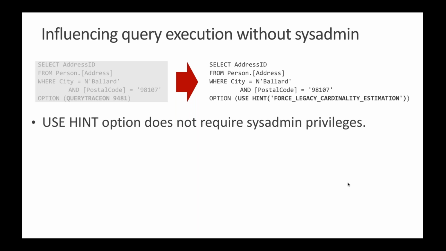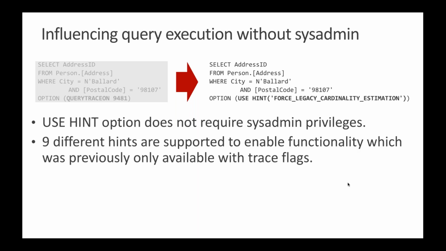So instead of doing QUERYTRACEON 9481, you're simply saying USE HINT FORCE_LEGACY_CARDINALITY_ESTIMATION, which in the past was trace flag 9481. So nine different hints were supported and enabled for this functionality, which was previously only trace flaggable.